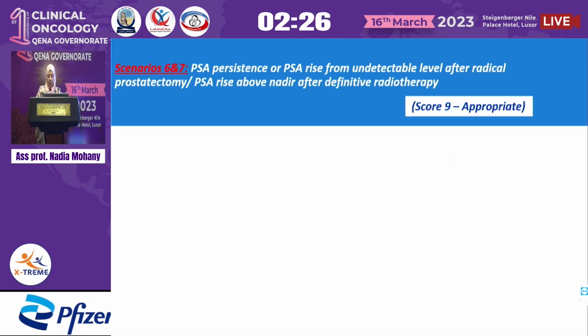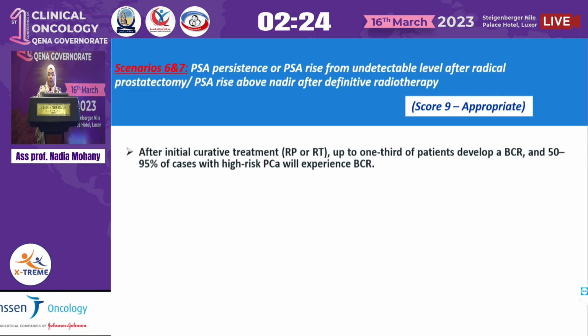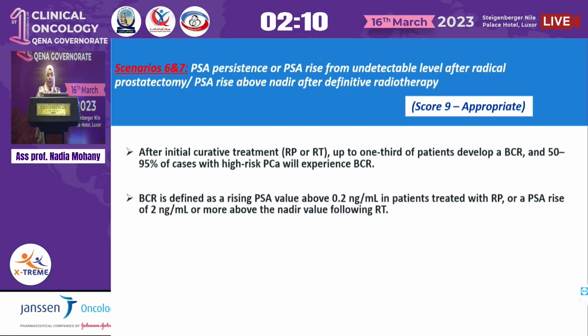Score 9, appropriate. After initial curative treatment, either radical prostatectomy or radiotherapy, up to 1/3 of patients develop biochemical recurrence, and 50 to 95 percent of cases with high risk will experience biochemical recurrence. What is the definition of biochemical recurrence?